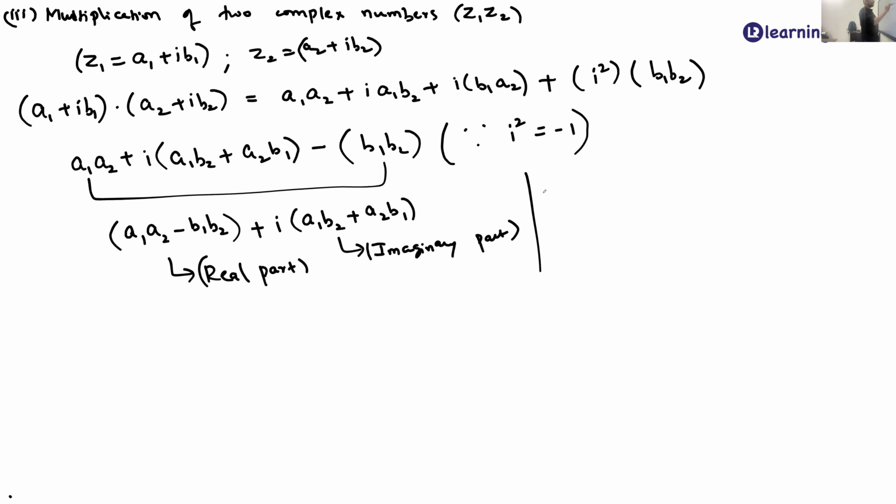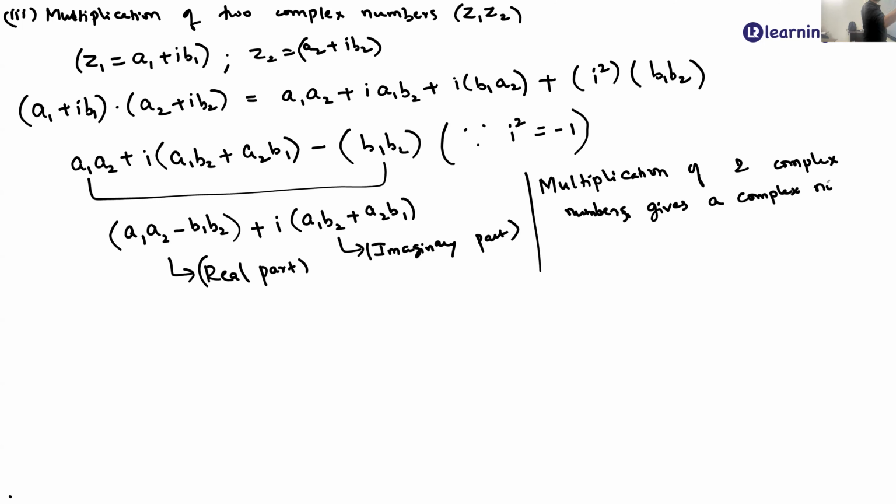So here we can conclude that multiplication of two complex numbers gives a complex number. That's it. This is how we basically do the multiplication. Make a note of it. You can write it on your own.